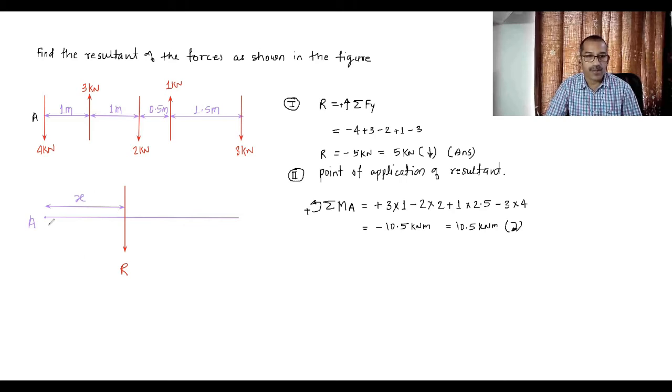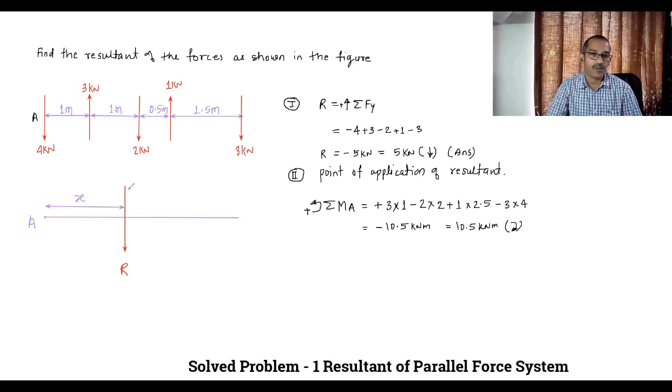The moment of the resultant about point A is clockwise, and the sum of moments must also be clockwise. That means we have to compare both. After finding the sum of moments, next we represent the resultant such that the moment of the resultant has the same direction, clockwise, about the same moment center A. Sum of moment is clockwise, yes. Moment of resultant is again clockwise.